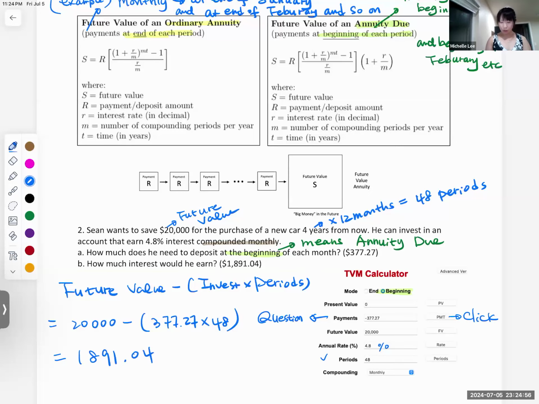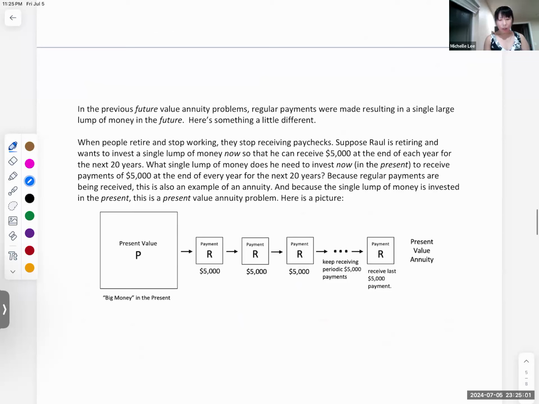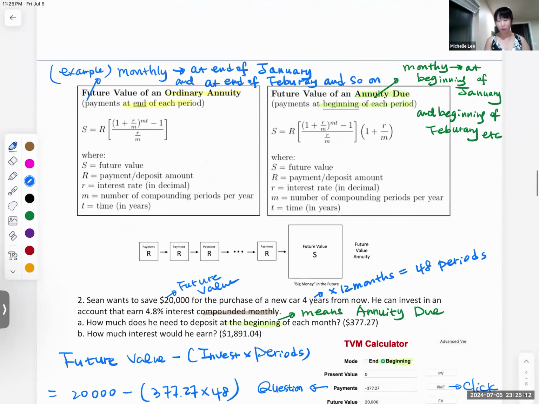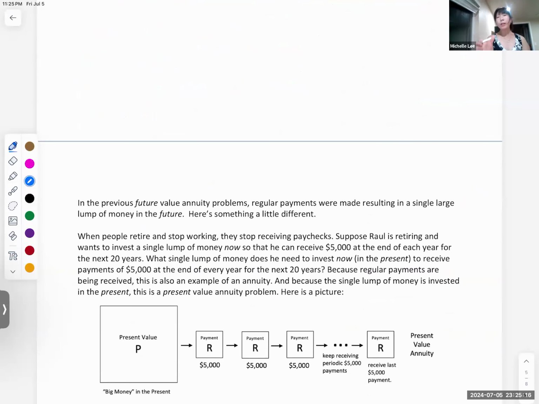Okay, now we just talked about the annuity due and ordinary annuity. Earlier we invested like $50, $50, $50, and then at the end we get the big money.